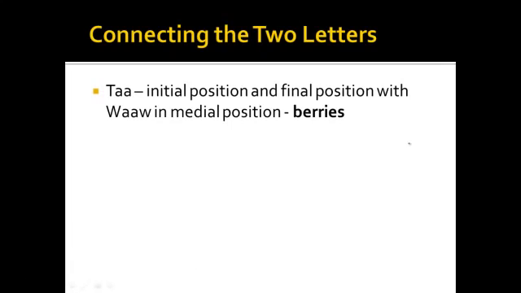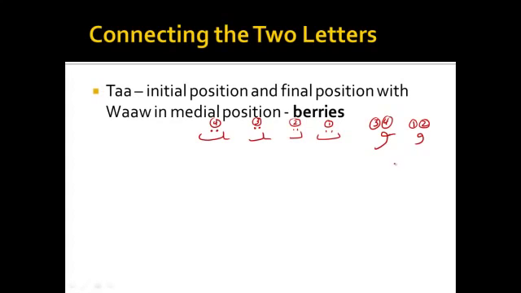Okay, so now if we remember our 4 positions, here we have the wow in the first and second positions, and we have the wow connecting in the third and fourth positions, and we have the ta in the independent position, the ta in the initial position, the ta in the medial position, which is number 3, and the ta in the final position, which is number 4.